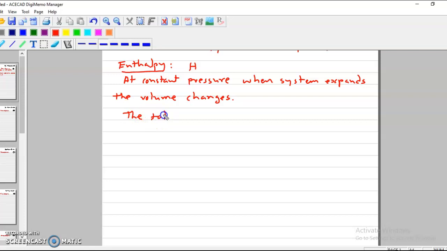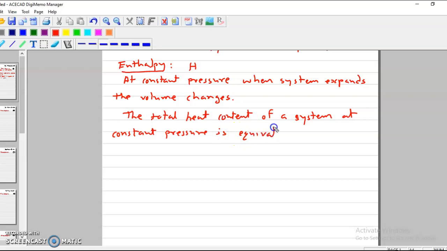At that time, the total heat content of a system at constant pressure is equivalent to internal energy E plus PV work.